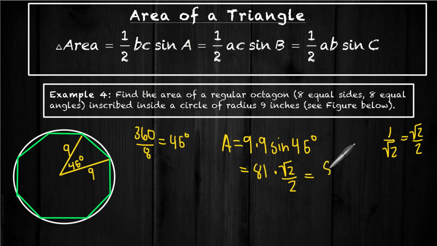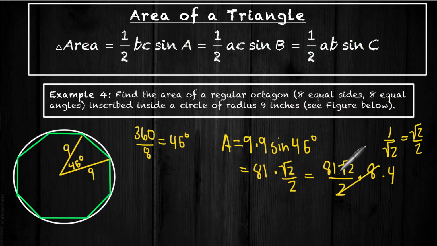And a lot of students will make a mistake right here because they will think that they're done. But remember, it's asking us to find the area of the entire octagon, and we've just found the area of one of the 8 triangles, so we need to multiply our answer by 8. So we're going to multiply this by 8, and 8 and 2 cancel out into 4.